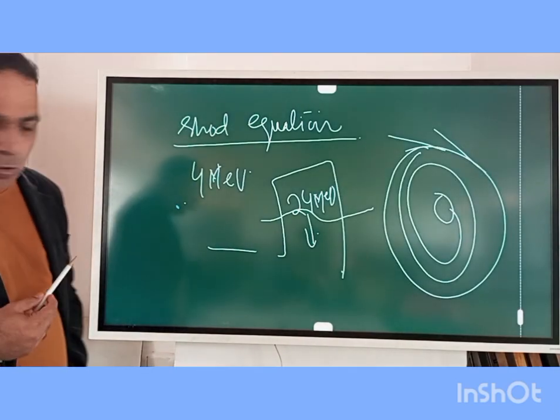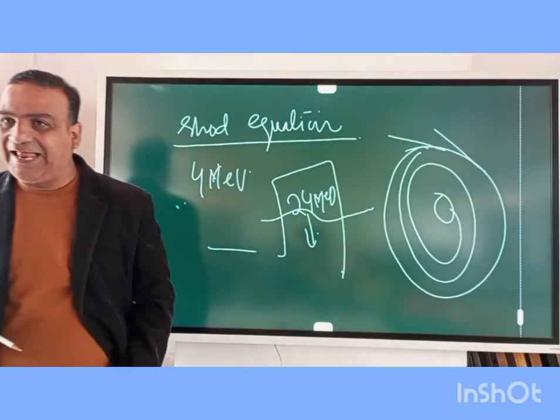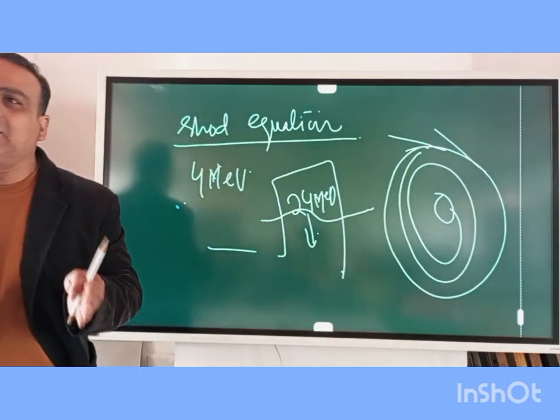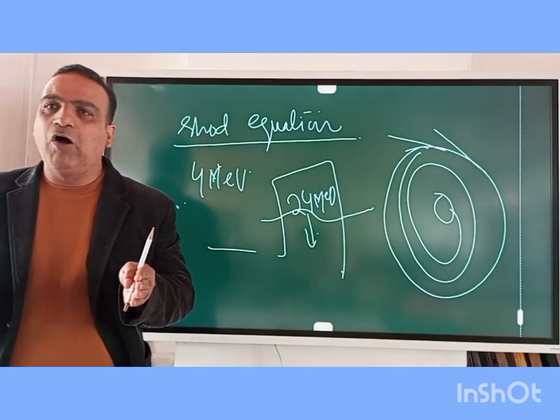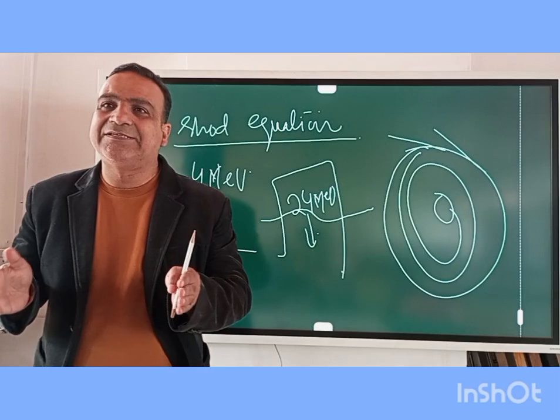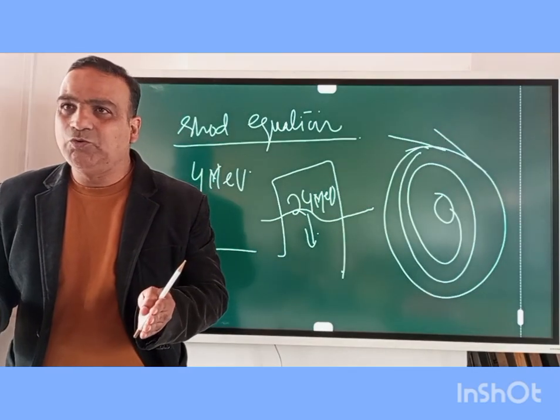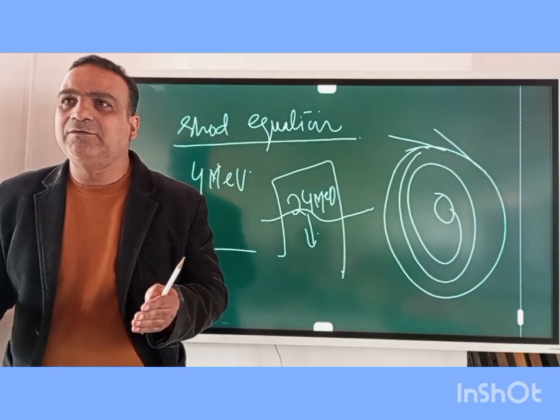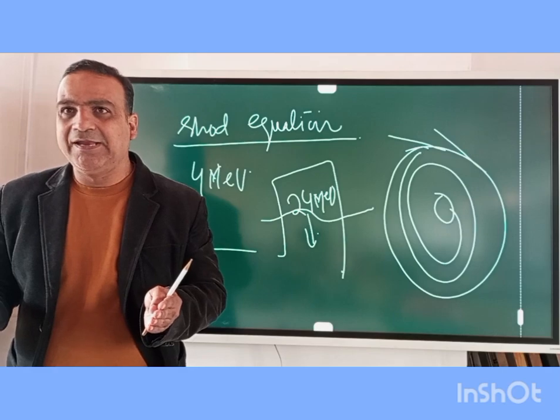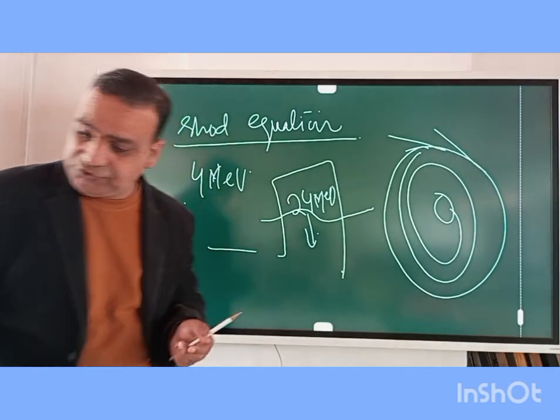So we are going into the domain of quantum mechanics, and the very fundamental equation of classical mechanics is Newton's second law of motion. F is equal to mass times acceleration, and it's a second order differential equation.